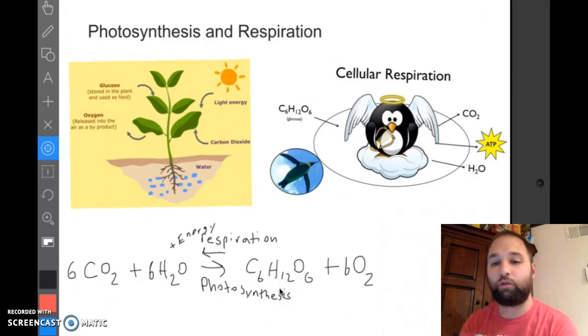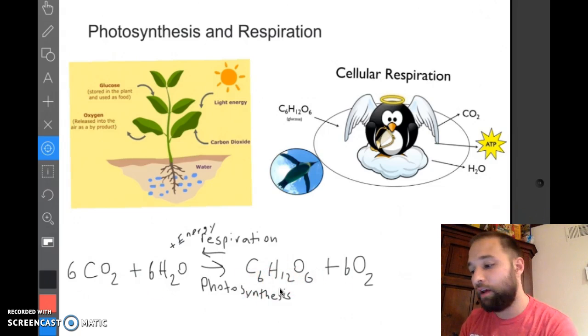Because in order to make one molecule of glucose, since glucose has 6 carbons, you actually need 6 CO2s, and the number of atoms is the same on each side of the equation, reactants and products. So 6 of these and 6 of these gives you 1 glucose and 6 oxygen molecules given off as a byproduct.